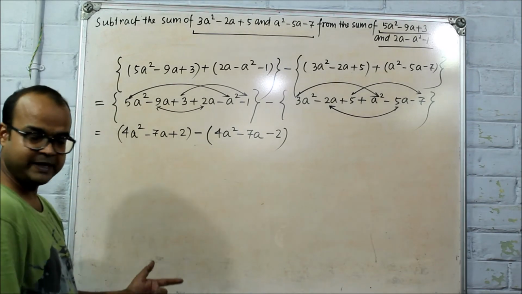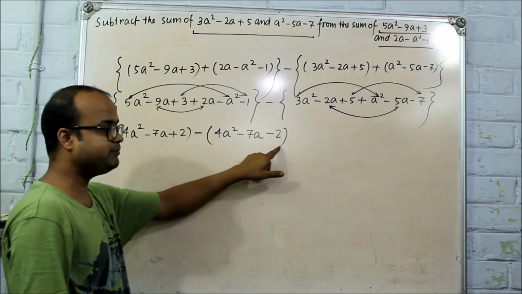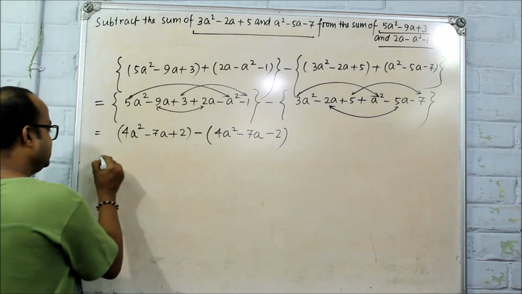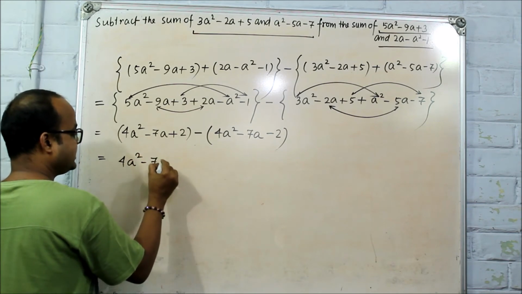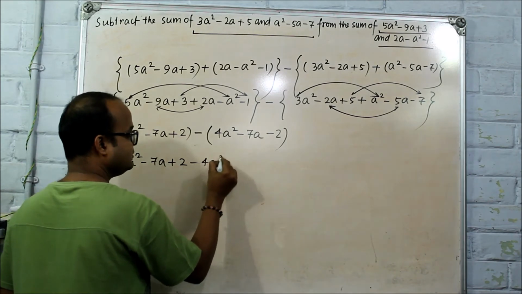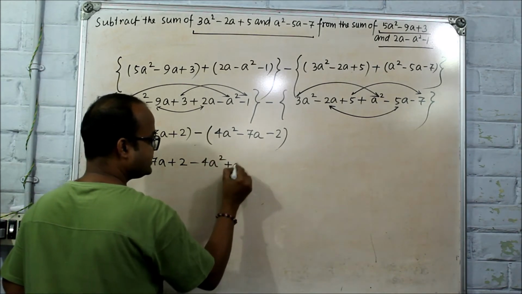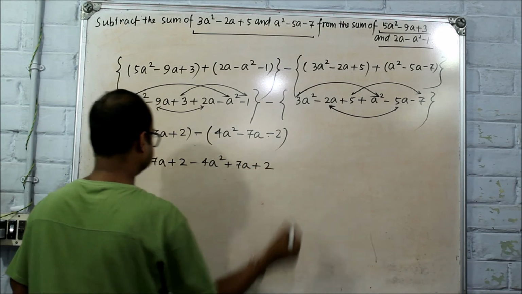Now we open up the bracket, outside sign is minus. So all the terms within the bracket will change their sign. So this will be equal to 4a square minus 7a plus 2 minus 4a square plus 7a plus 2.